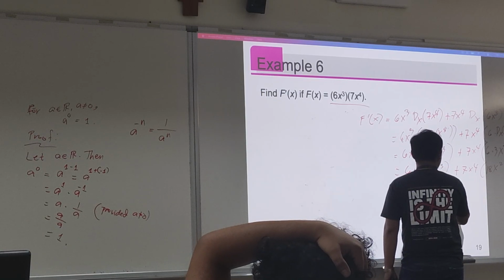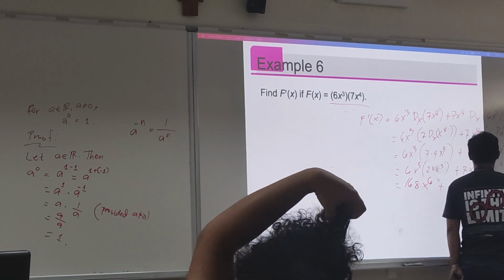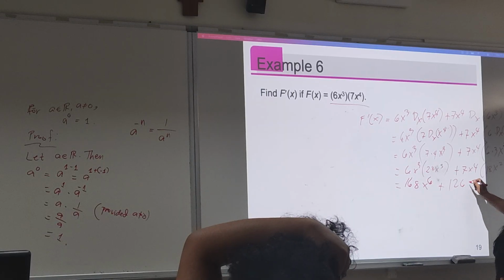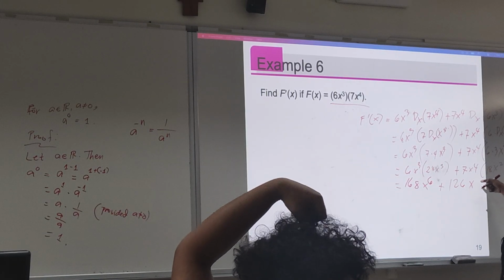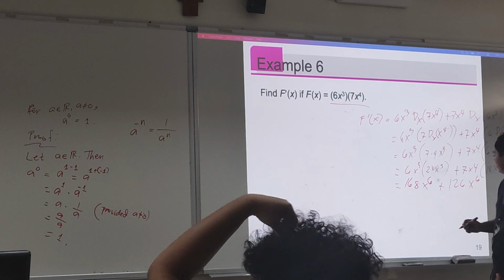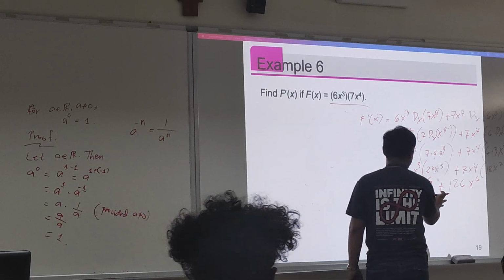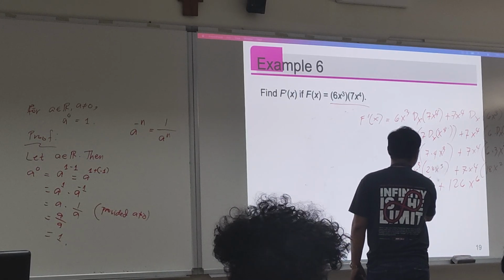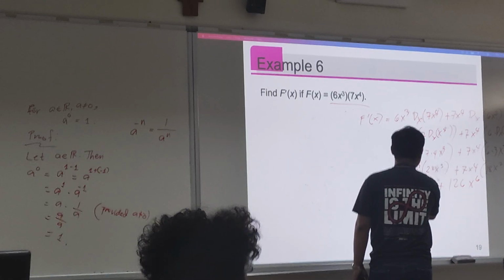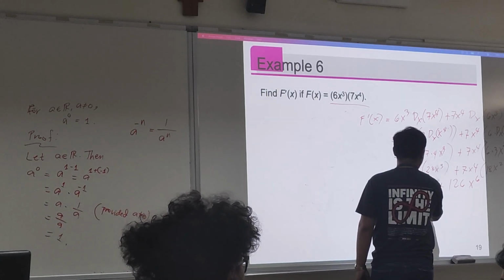126, plus this one here is 126 x raised to 6. So this is what? You have 13 kilowatts, so 294.